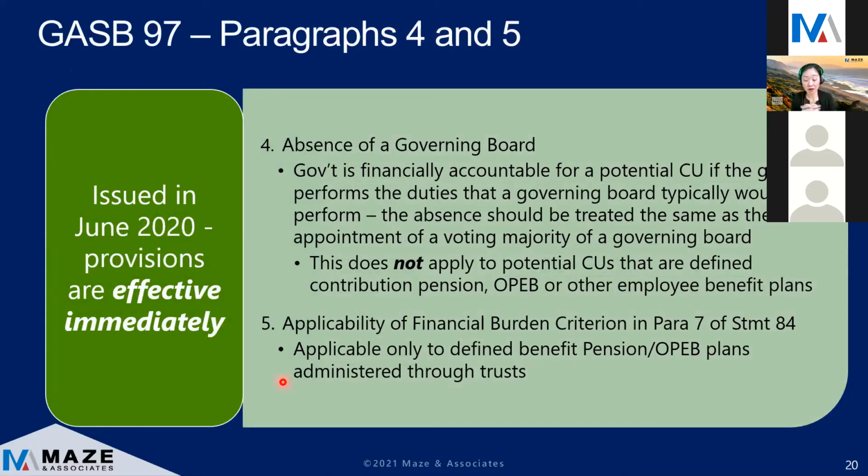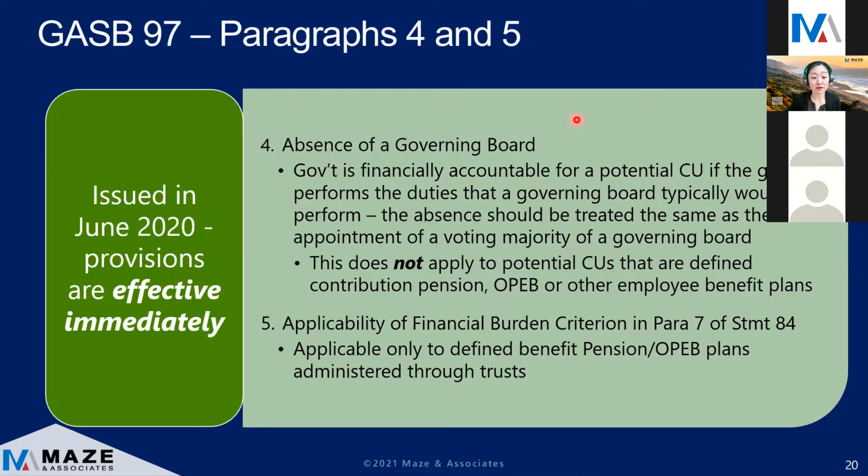All right, just really quickly, a reminder, GASB 97, paragraphs 4 and 5 became effective last June. So that will affect your determination of the component unit. The first one has to do with the absence of a governing board.